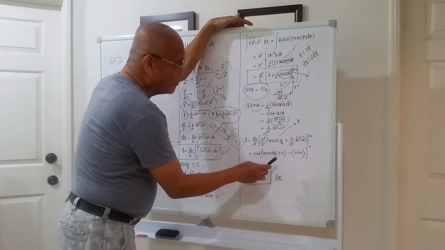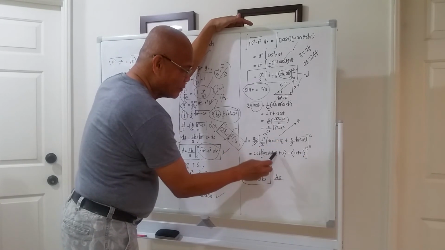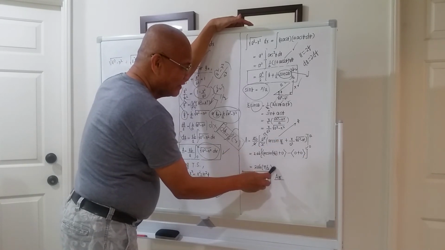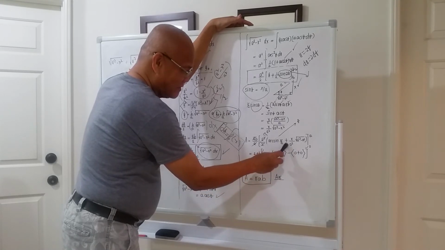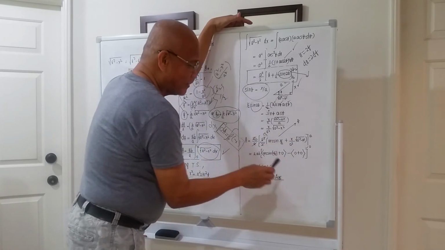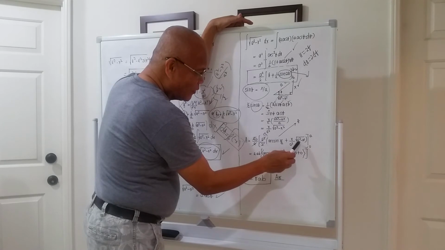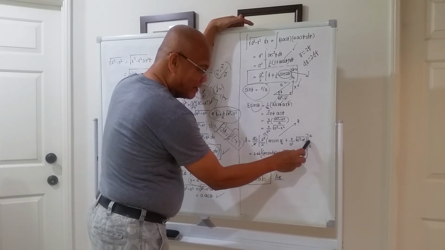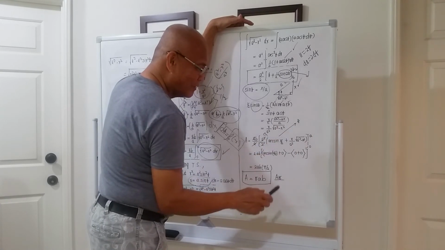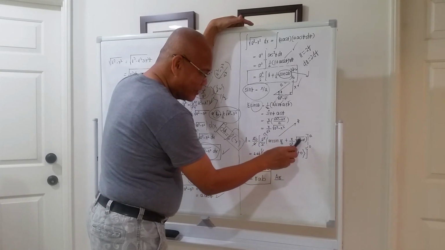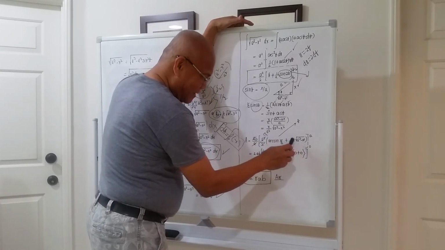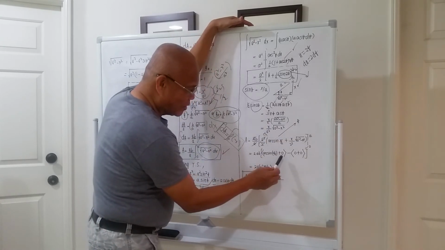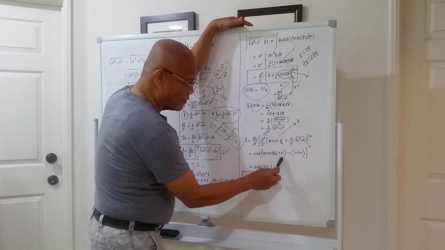Arc sine of, when x is a, this will be a over a. Plus, when x is a, the radical will be a square minus a square. The square root of 0 is 0. So 0 times this one will be 0. So the second part of the upper limit will be 0.